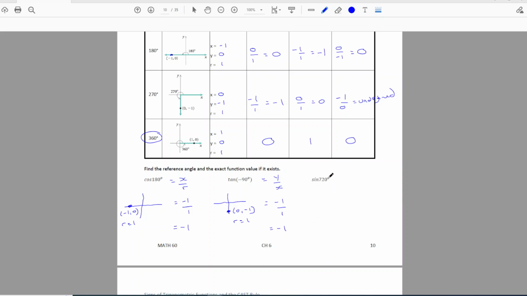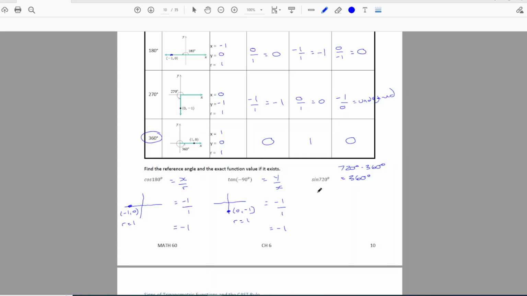And then sine of 720, if you don't know where 720 is, what you're going to want to do anytime an angle is bigger than 360, you have to find a coterminal angle. So you're going to start subtracting 360. And what you'll notice is that as soon as you do 720 minus 360, you get 360 degrees.